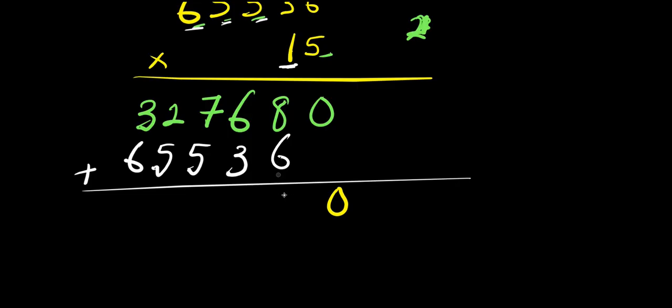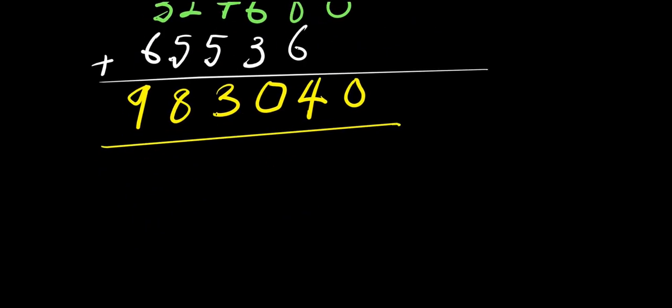This is 14. 4 carry over 1 add here. This becomes 7 plus 3, 10. 0 carry over 1 add here. This becomes 8. 8 plus 5, that is 13. 3 carry over 1 add here. This will be 3 plus 5, that is 8. And 3 plus 6, that is 9.